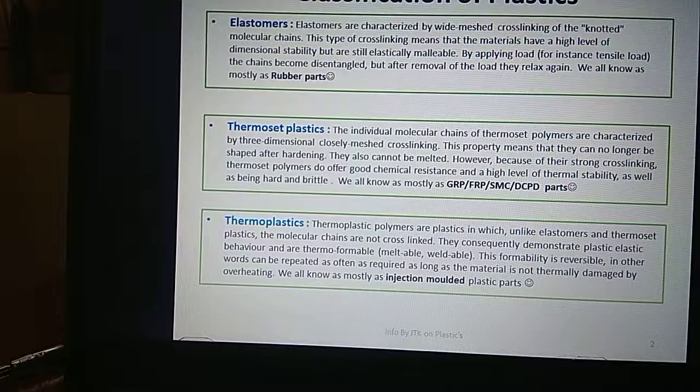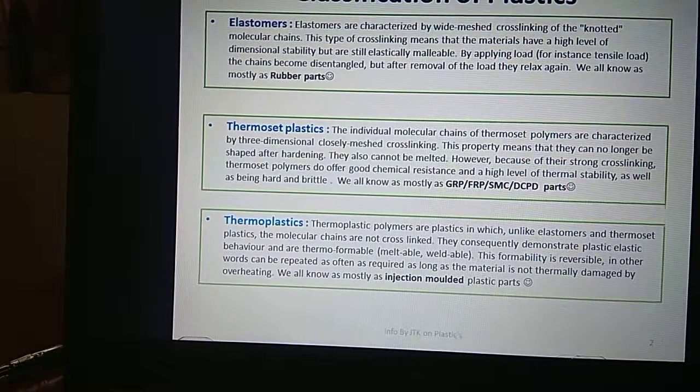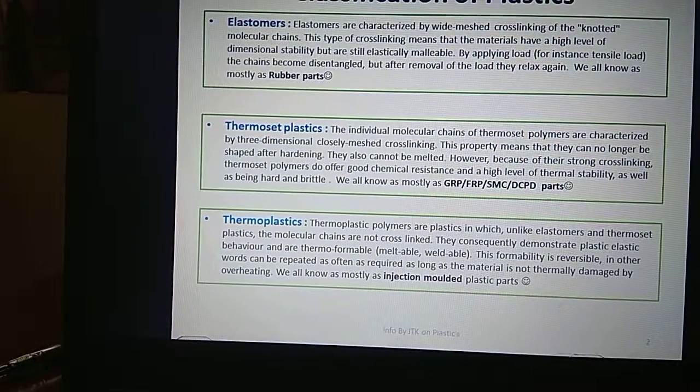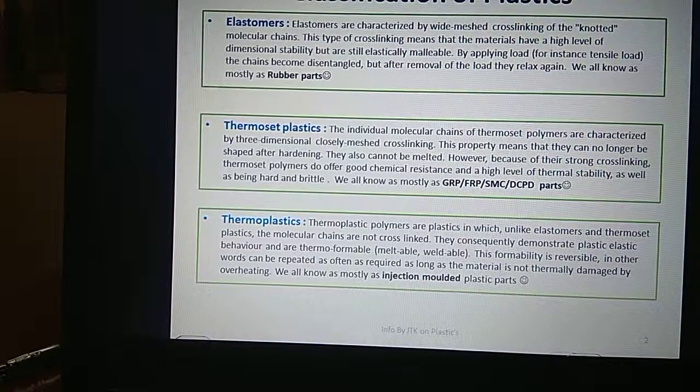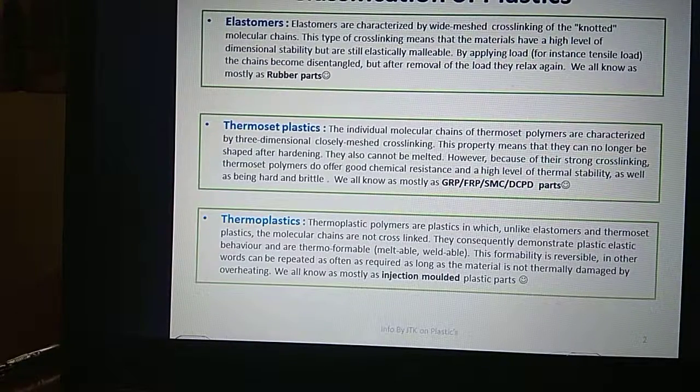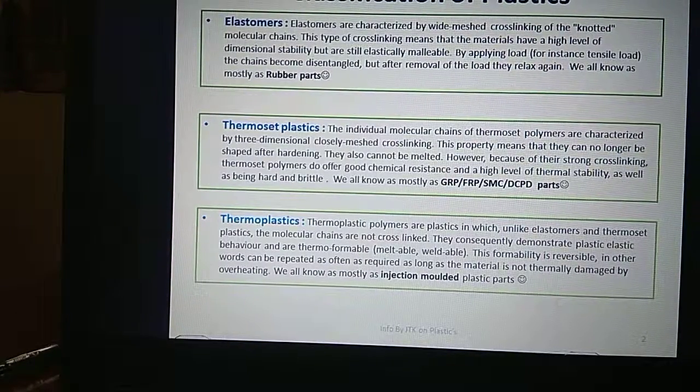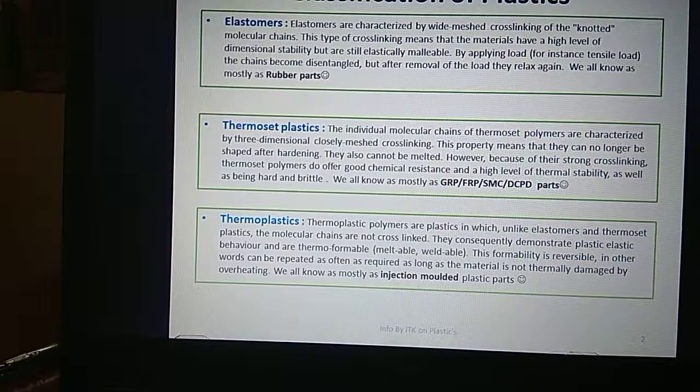Elastomers are characterized by wide-mesh cross-linking of knotted molecular chains. This type of cross-linking means the materials have a high level of dimensional stability but are still elastically malleable.